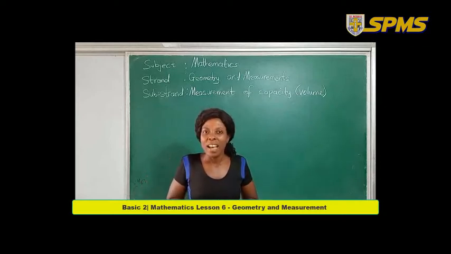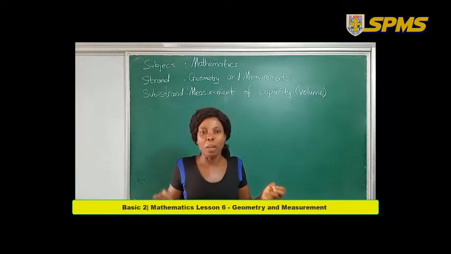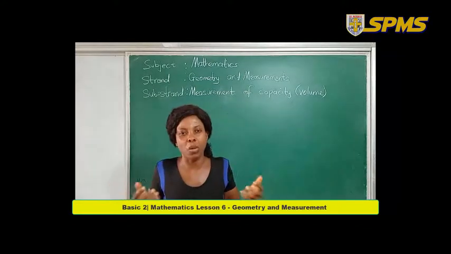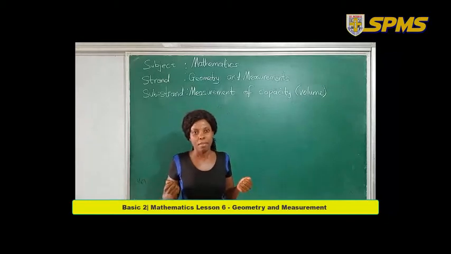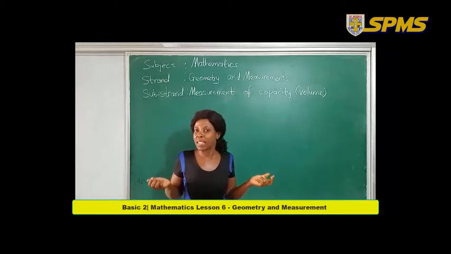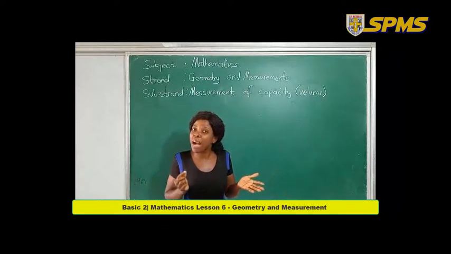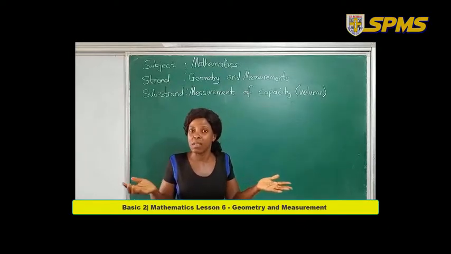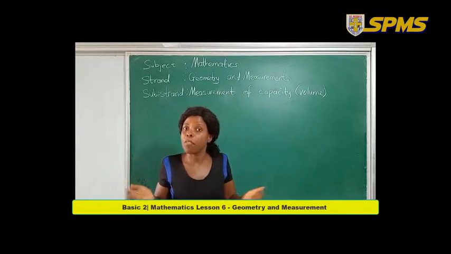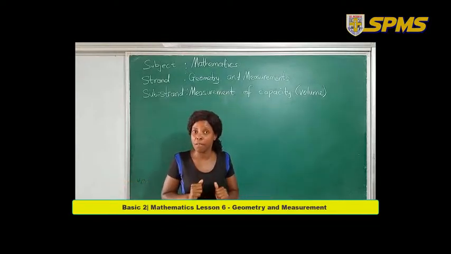But can you tell the amount or the measure of these objects by looking at them? No, they can't. Because there is no standard mark on most of these objects. Some of them have, but some don't have.